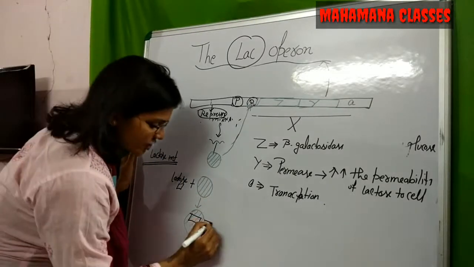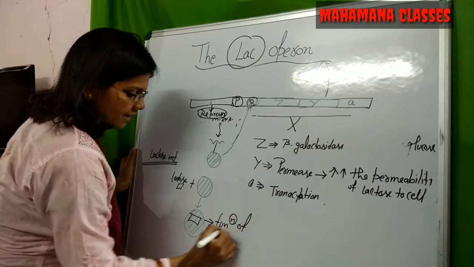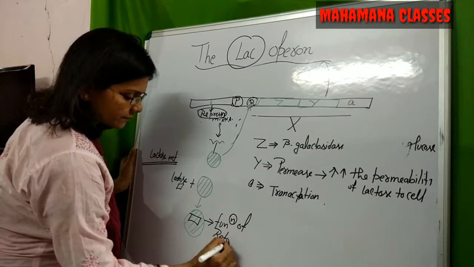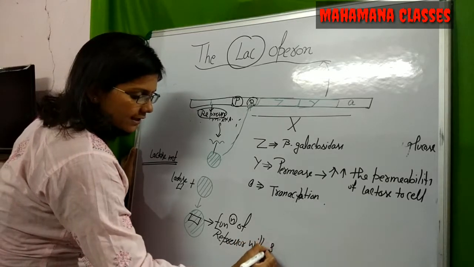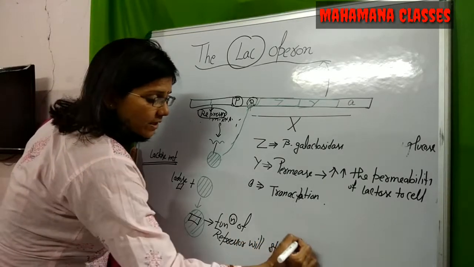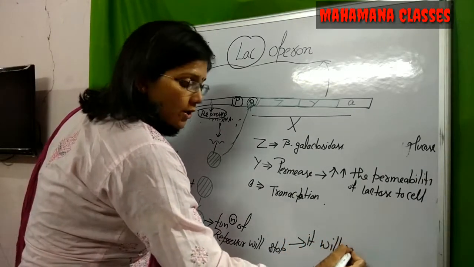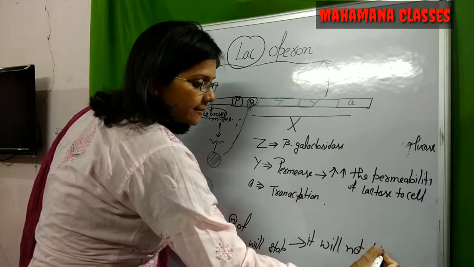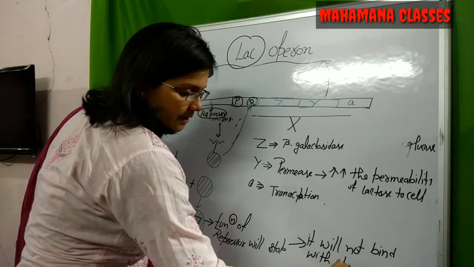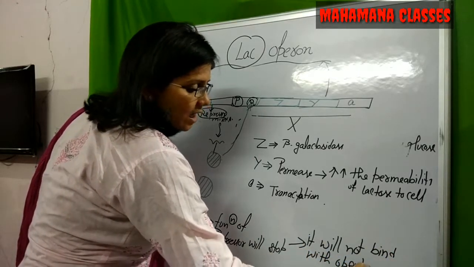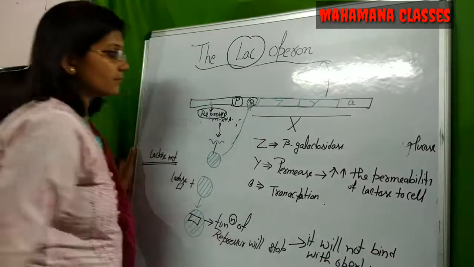Now the function of the repressor will stop. Why? Because it will not bind with the operator. A very important thing it is, it will not bind to the operator.